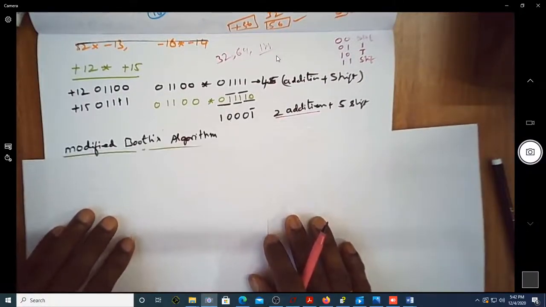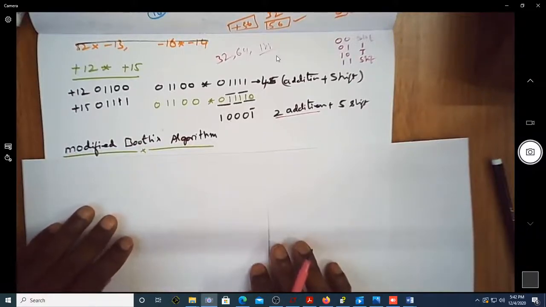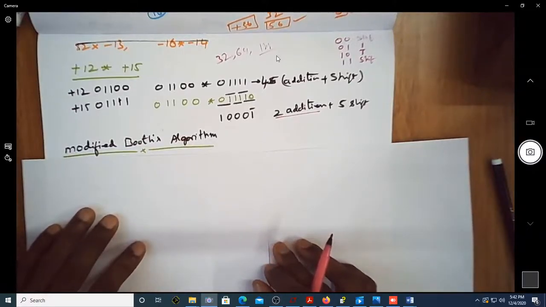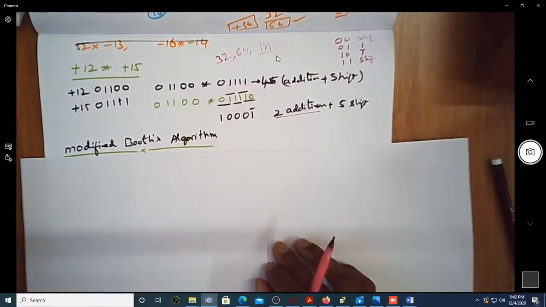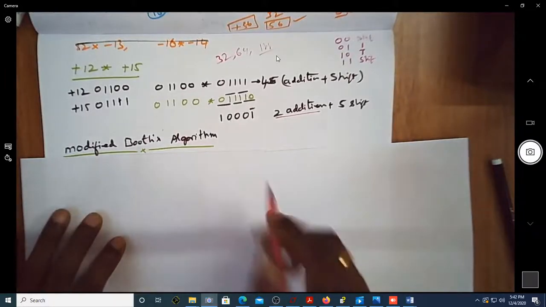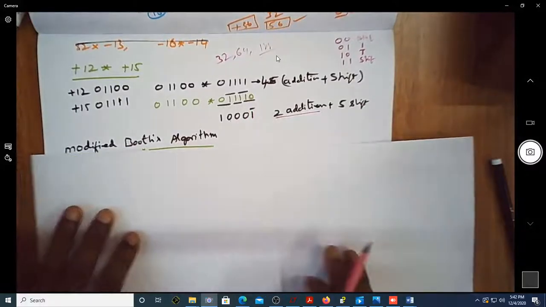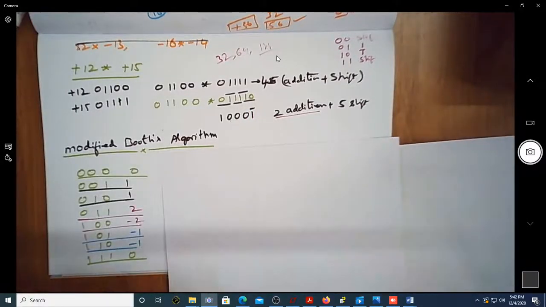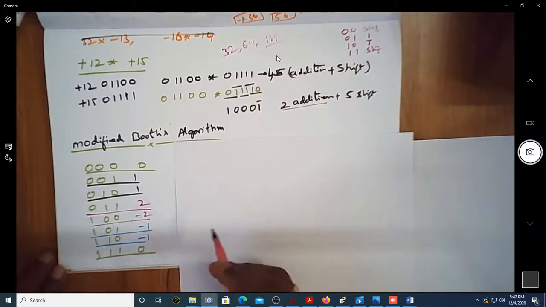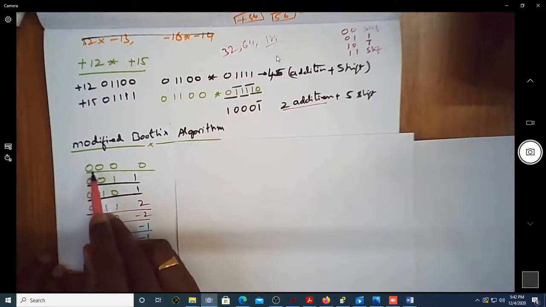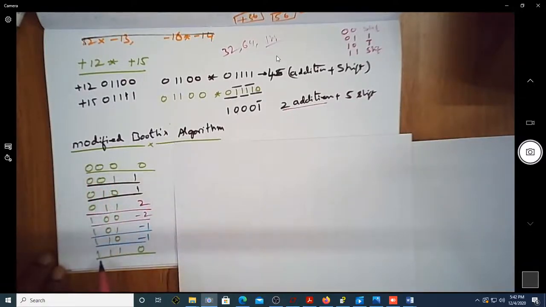So let us go to the next concept, that is modified Booth's algorithm. In modified Booth's algorithm, instead of grouping the bits in twos, you group them in threes. This table indicates how the grouping is done. If all 3 bits are 000 or 111, you represent it by a 0.